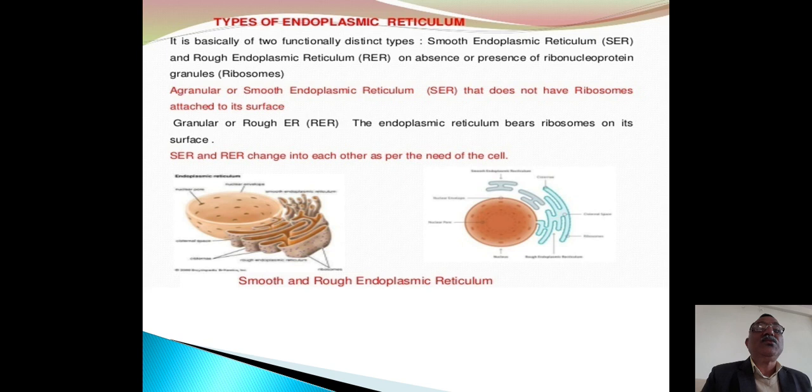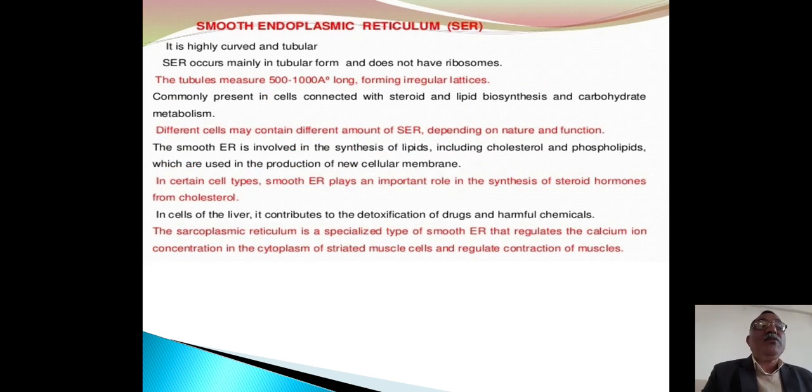It is divided into two types. Number one is the smooth and number two is the rough endoplasmic reticulum. Smooth means there are no ribosomes attached and rough means ribosomes are attached. Next, smooth endoplasmic reticulum. It is highly curved and tubular in structure.